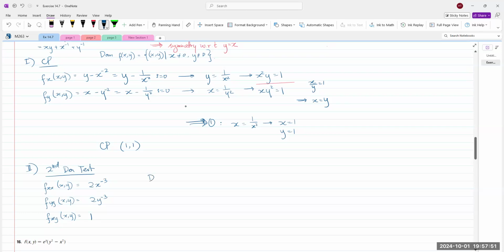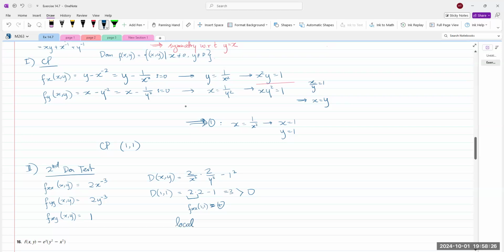So the Hessian will be 2 over x cubed times 2 over y cubed minus 1 squared. When I plug in (1, 1), I get 2 times 2 minus 1, that's 3, that's positive, while f sub xx at (1, 1) is positive, which means that's a local maximum.